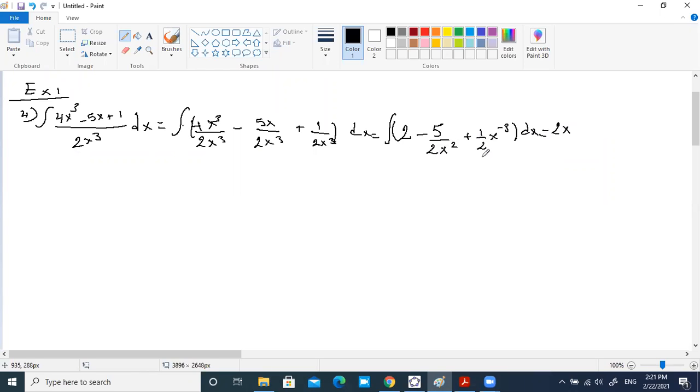One part you integrate and the other part you simplify.